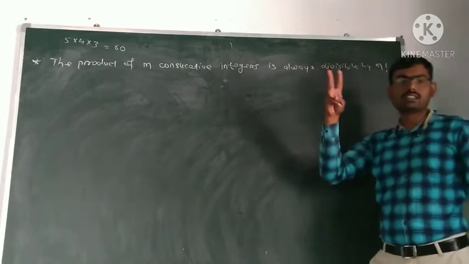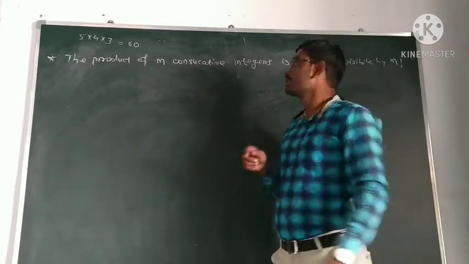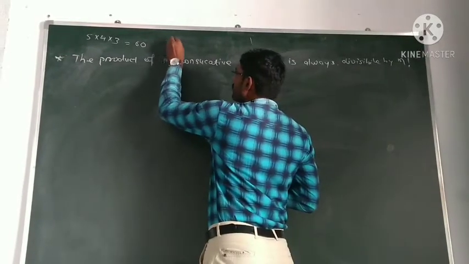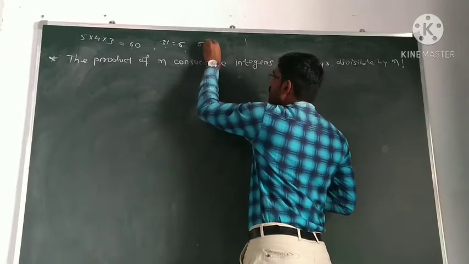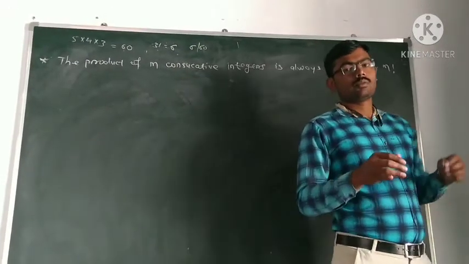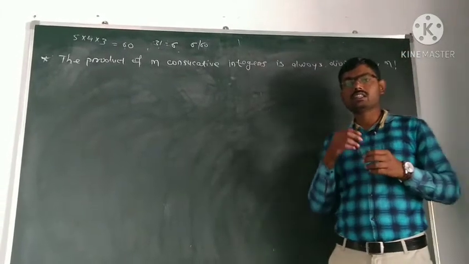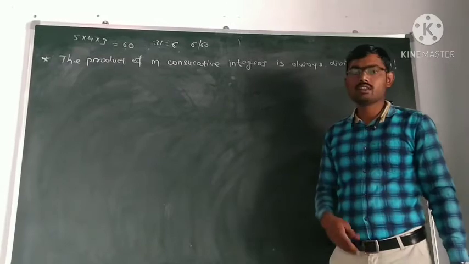How many integers are there? 3. So this product must be divisible by 3 factorial. 3 factorial is 3 into 2 into 1, so 6, and 6 always divides 60. This is the use of this theorem.